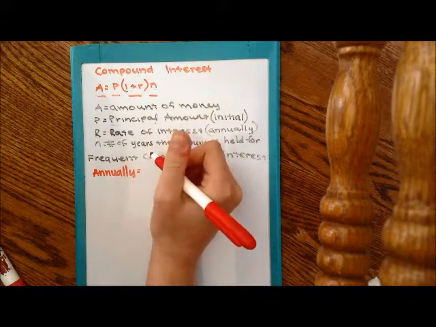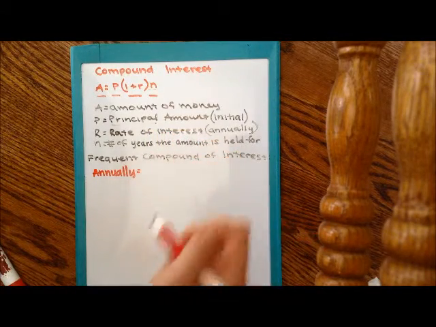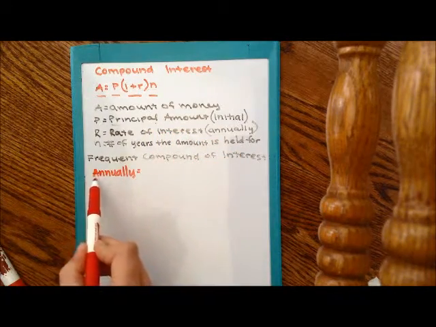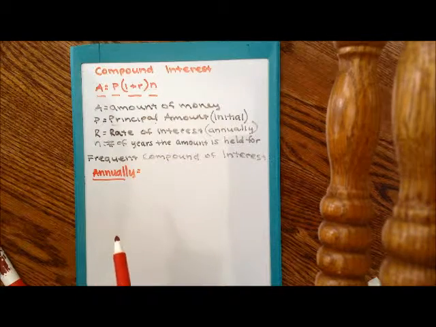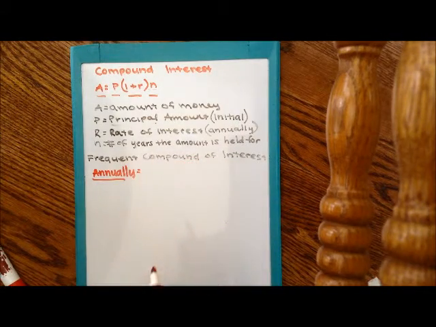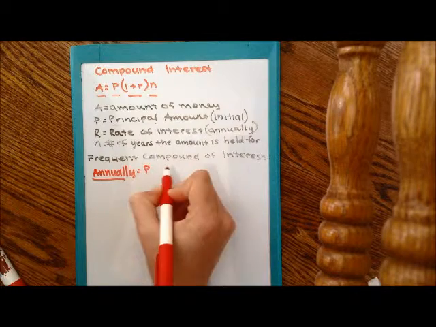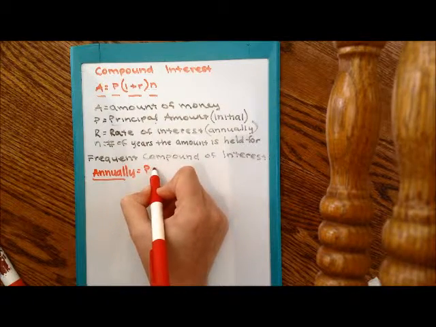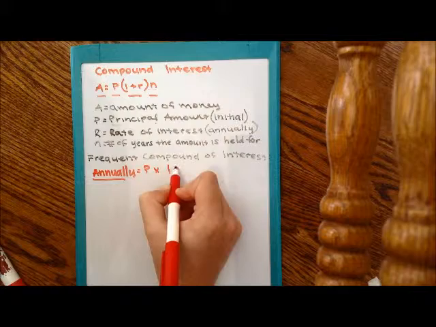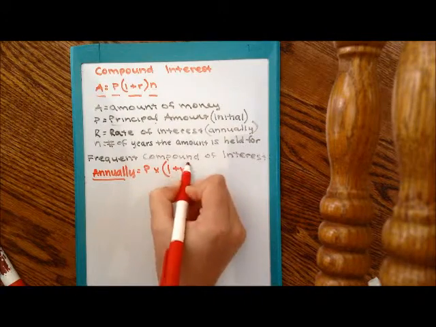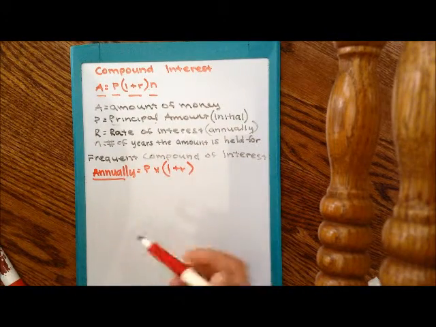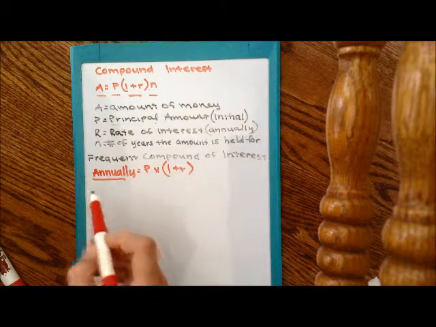So annually, these equations would vary, but this one, because it's just the regular one, it's not going to vary at all. So we'll say P times 1 plus R. And that's all that we're going to have for annual compounding.